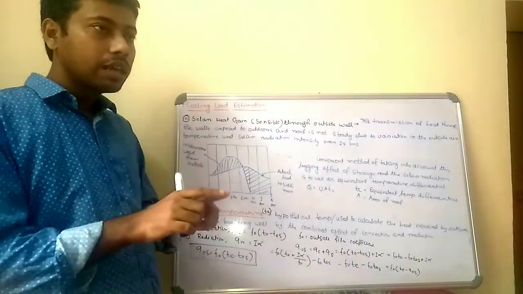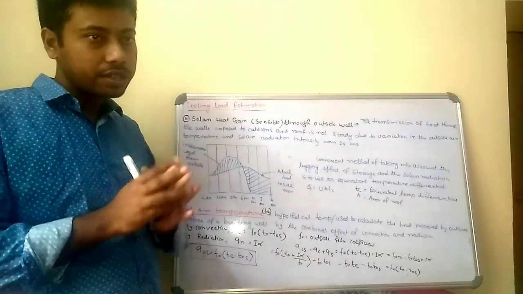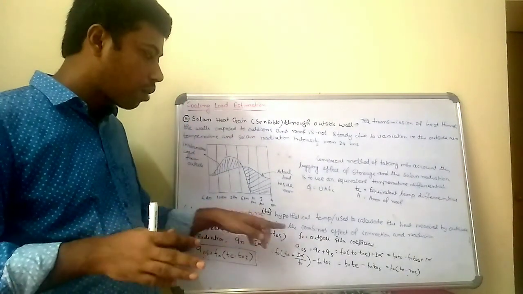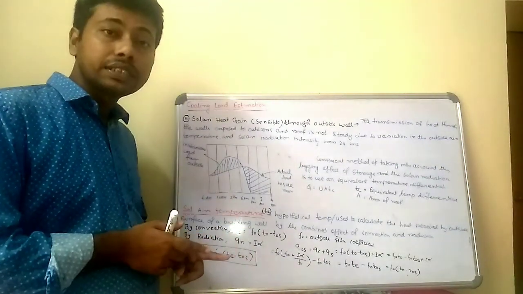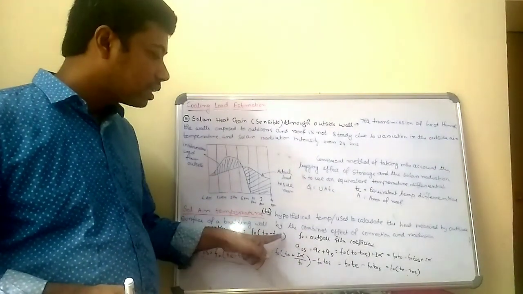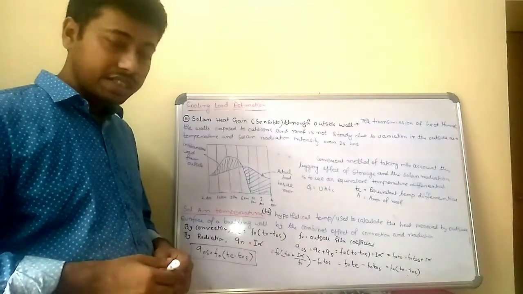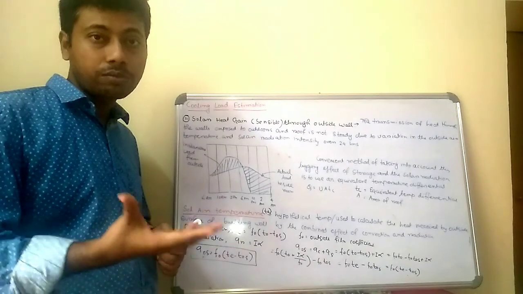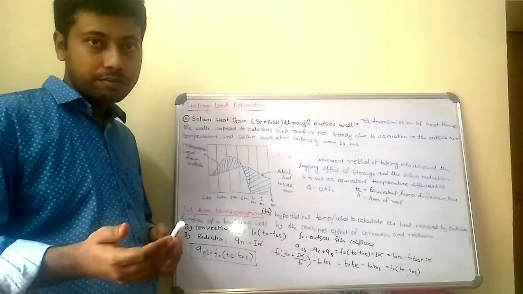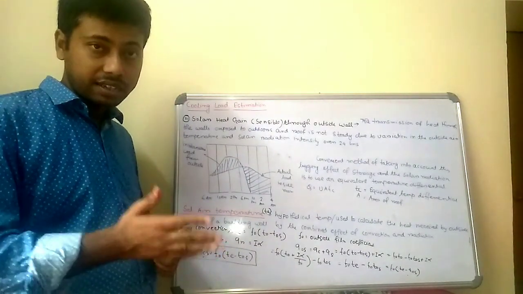Suppose this is a wall, so outside there is the film coefficient and inside the temperature. T0 is your outside air temperature, and T0S means the outside surface temperature of the building. Surface temperature of the building outside, not inside, outside.